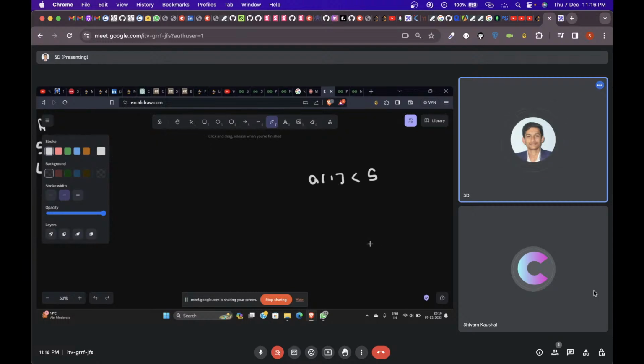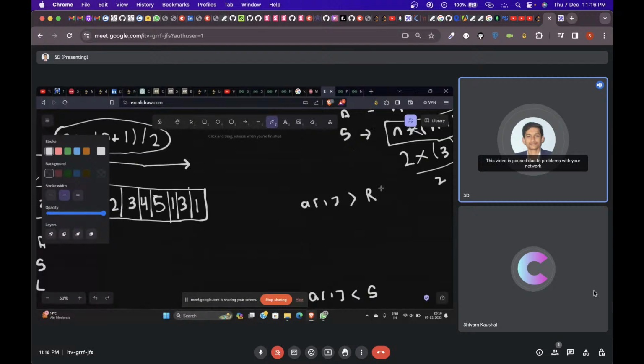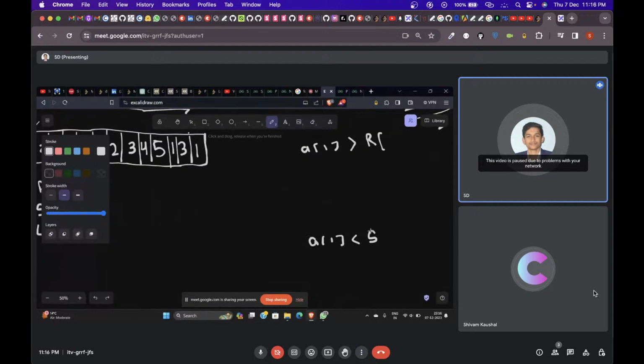Or the third case would be that it is within the limit. So that would be our bigger element that is given to us, and this will be our left side limit, and this will be our right hand limit.